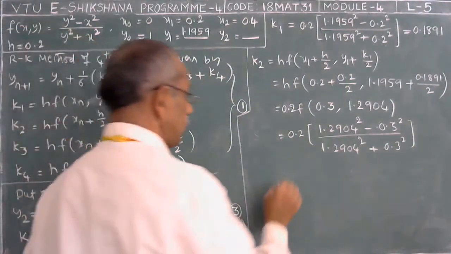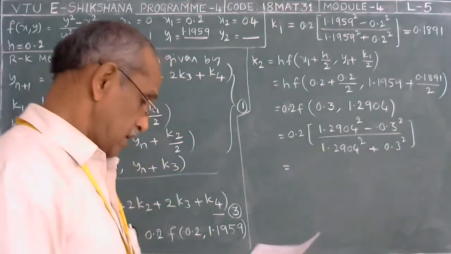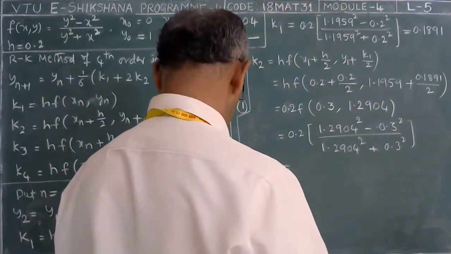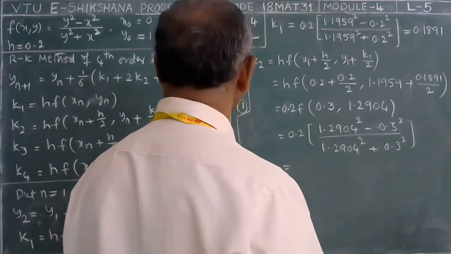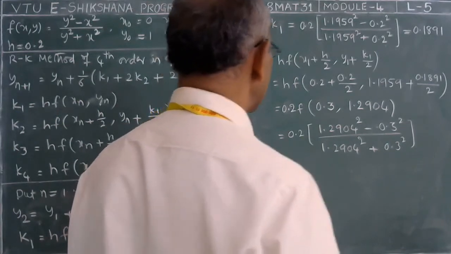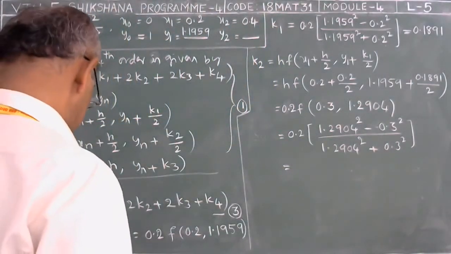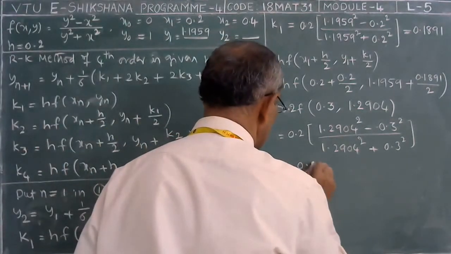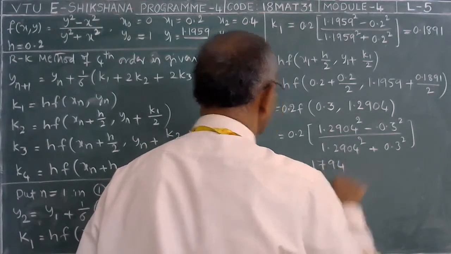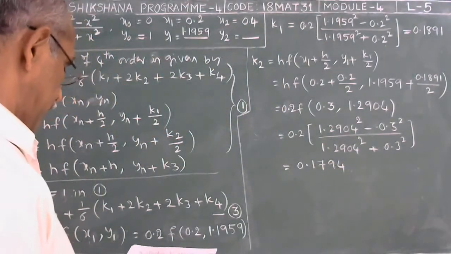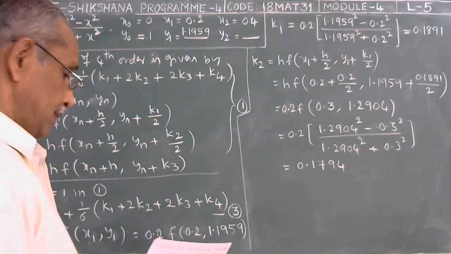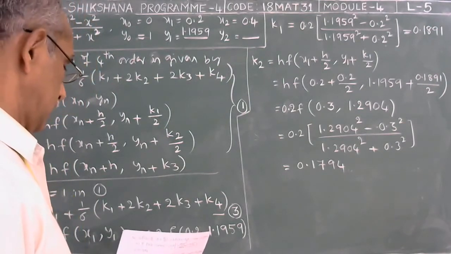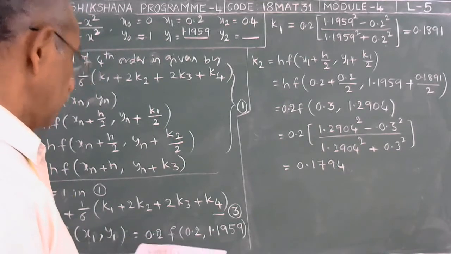Okay, if you carefully calculate using calculator, this is K2, K2 is equal to 0.1794.